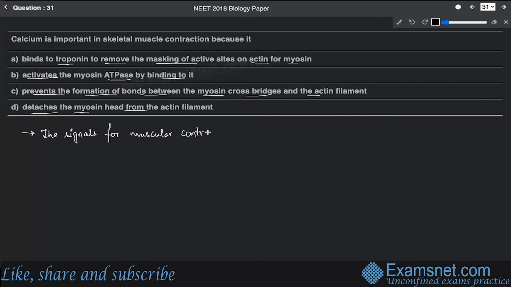The signals for muscular contraction result in an increase in the calcium ions level in the sarcoplasm.